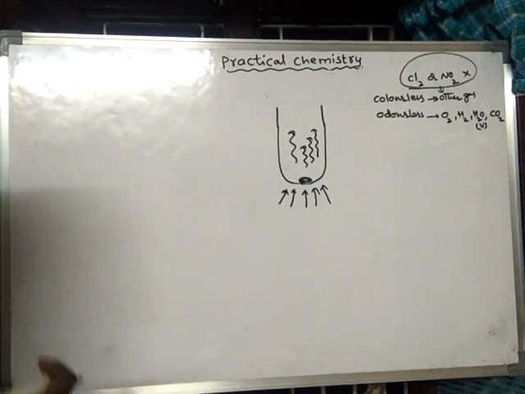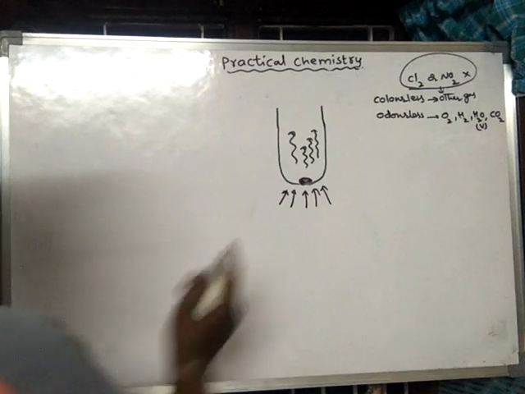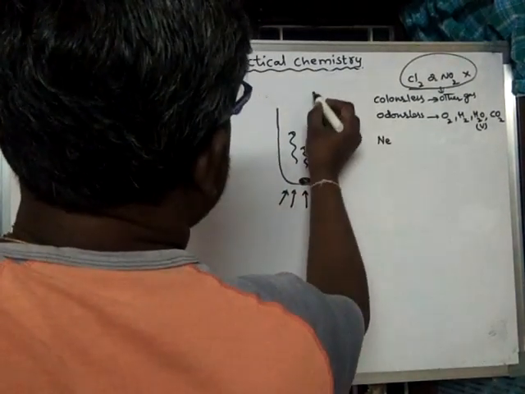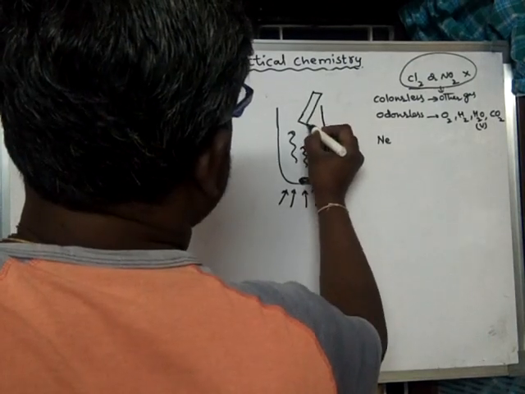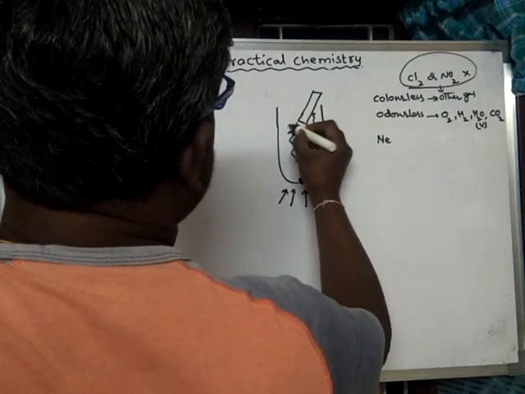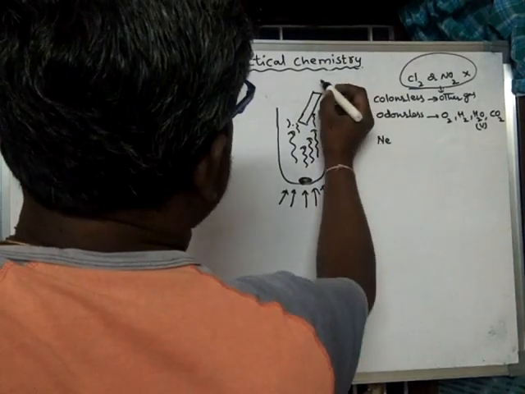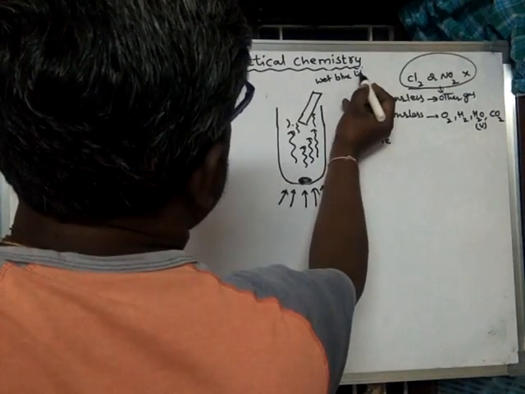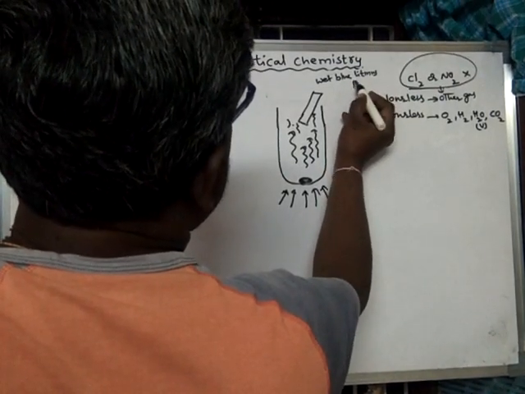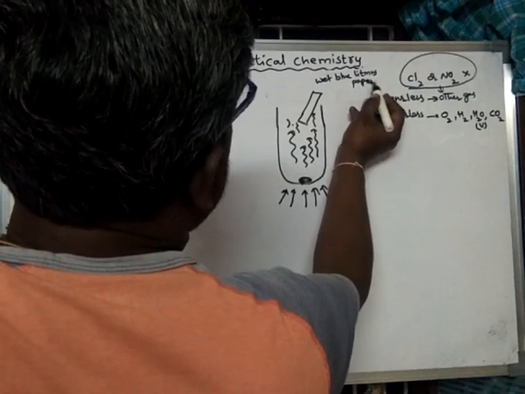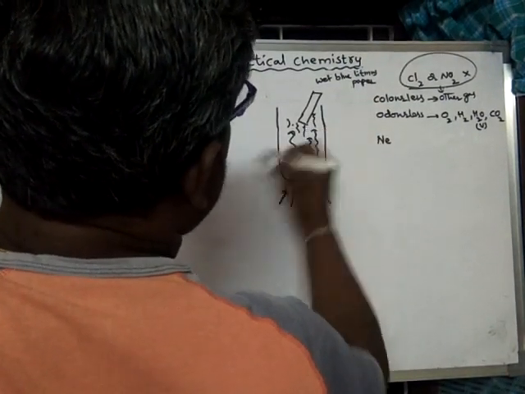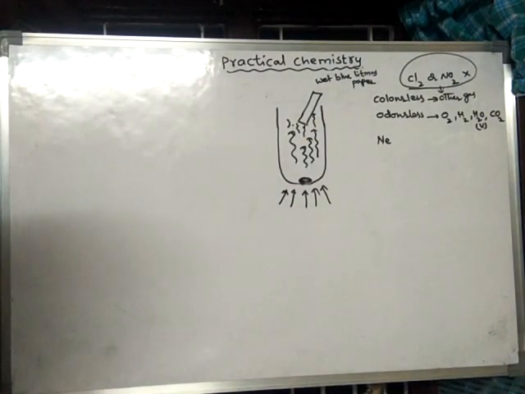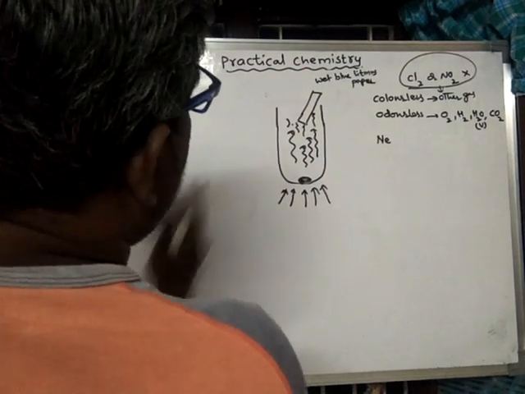Now next, litmus. The gas is neutral towards litmus. When a wet blue litmus paper is brought near this gas, it does not change the color of the paper.